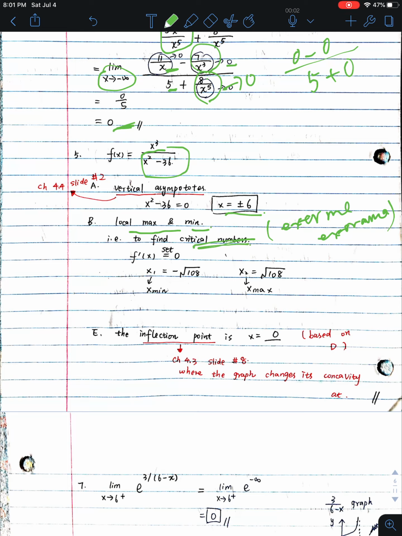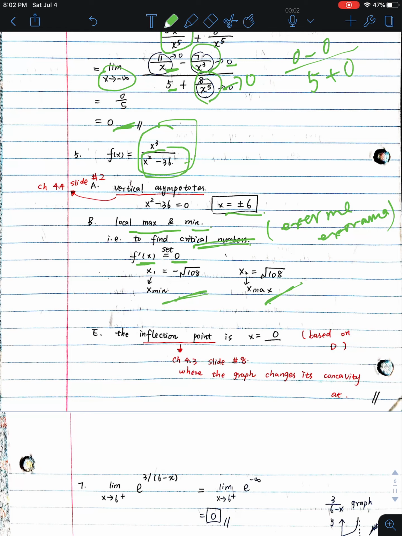So we need to find the critical numbers. To find the critical points, we set the first derivative to be 0. So you solve for the first derivative of f(x) and set it to 0. And then you can find two values, one is negative square root of 108, and one is positive square root of 108. So one is the minimum and one is the maximum.